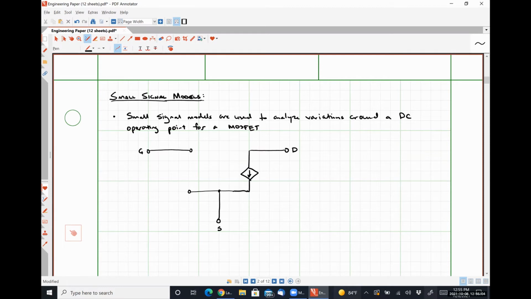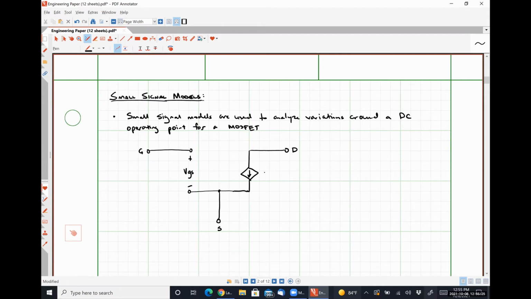And between our gate and source, we have an open circuit where we have our small signal voltage, which I'm going to denote using lowercase letters, vgs. So this is some subtle variation or oscillation around our DC VGS that we use to bias this thing.